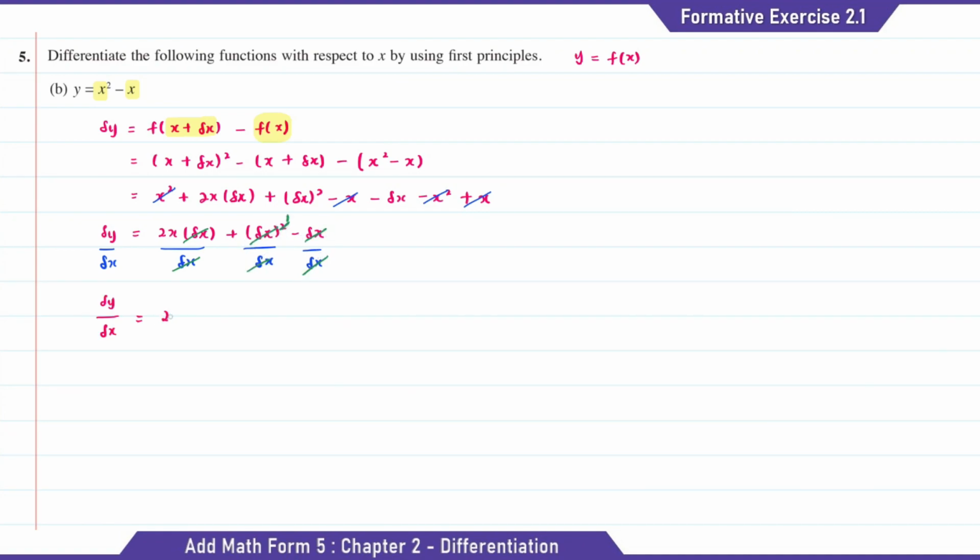What's left is 2x plus delta x minus 1. To find dy/dx, I'm going to substitute the delta y over delta x here with this. As delta x approaches 0, I'm going to substitute the delta x here with 0. Then the answer for dy/dx is equal to 2x minus 1.